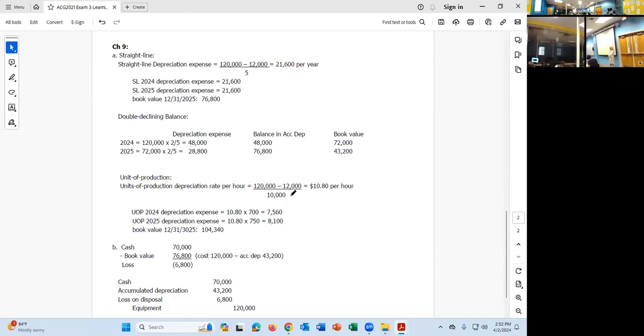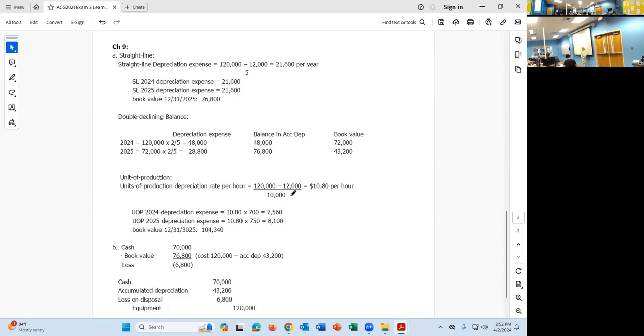But then every year we've got to recalculate, because even though we're going to use that same rate every year, our activity is different every year. In 2024, we used the machine for 700 hours.